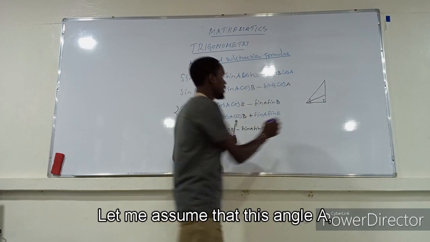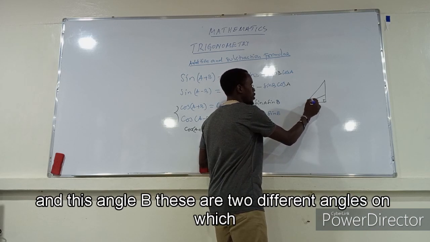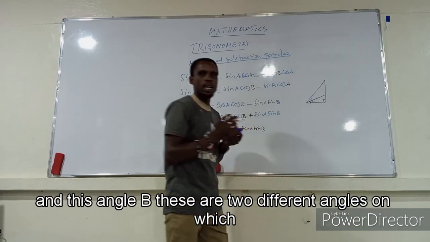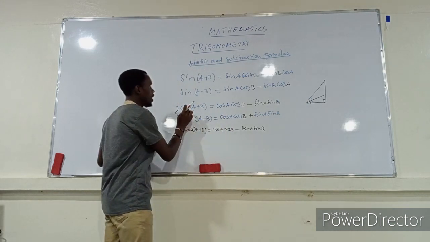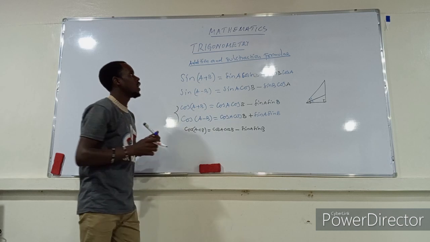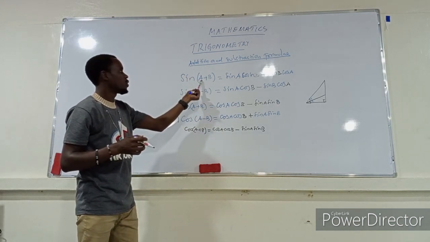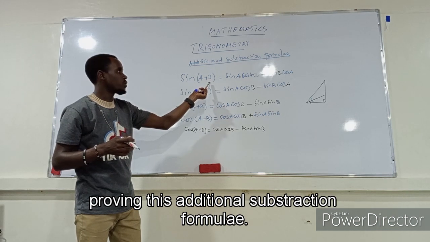Let's assume this is angle A and this is angle B, these are two different angles which we used when we were proving this addition and subtraction formula.